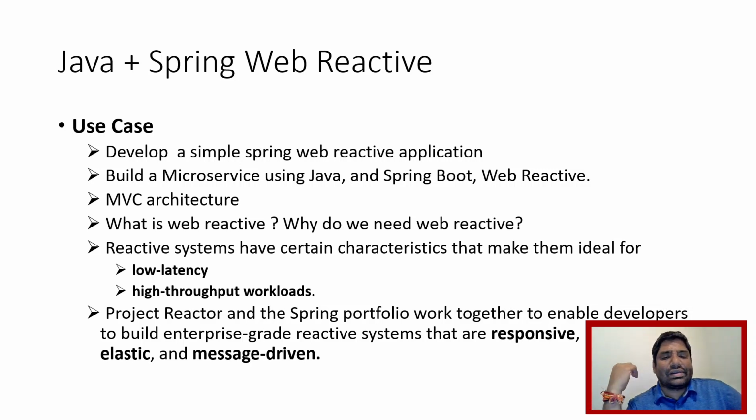You can see here the reactive system has certain characteristics. That is the key role played by this reactive framework. So low latency, that means it will not take a lot of system resources and it will not wait a long time to get the data, and it produces high throughput workloads.